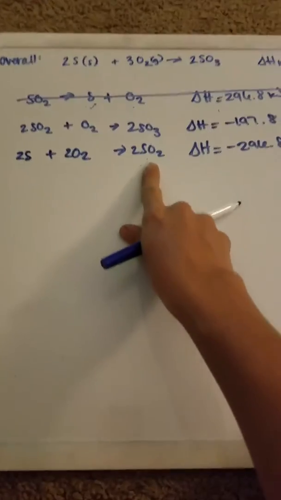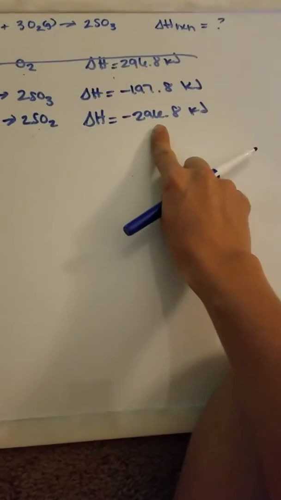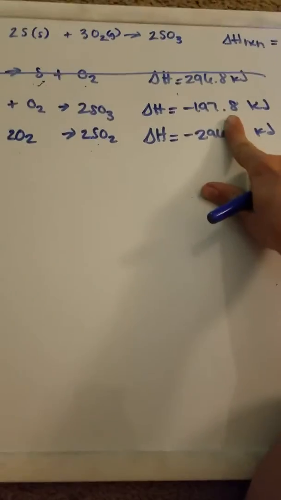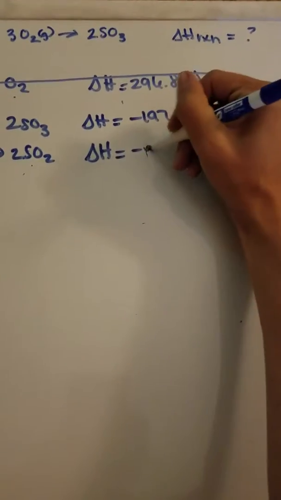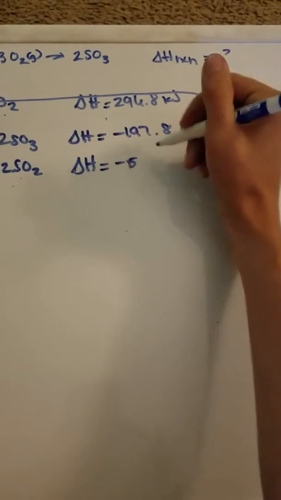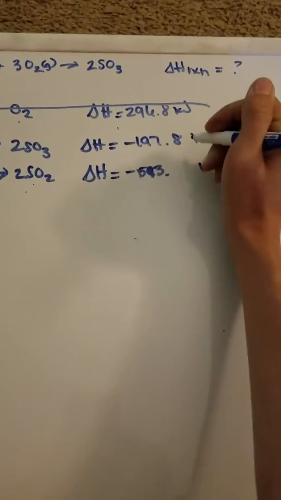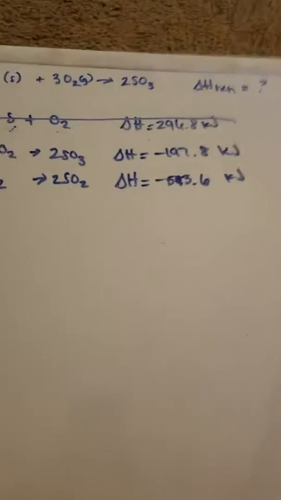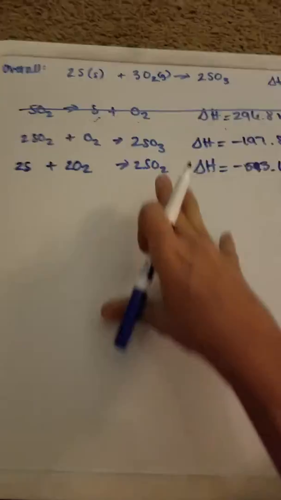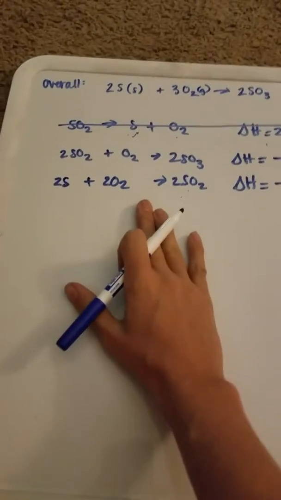But when we multiply the entire equation, we also have to multiply our delta H for that equation. So that figure is 593.6.